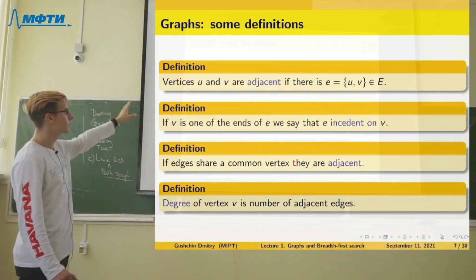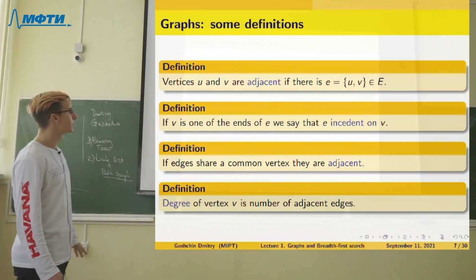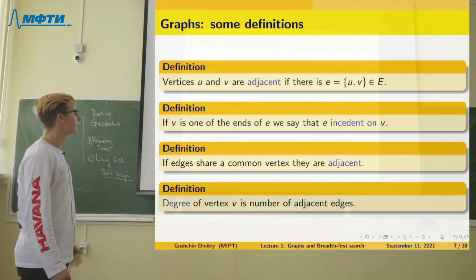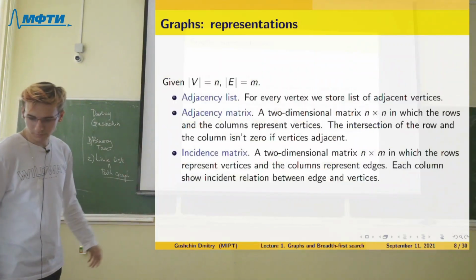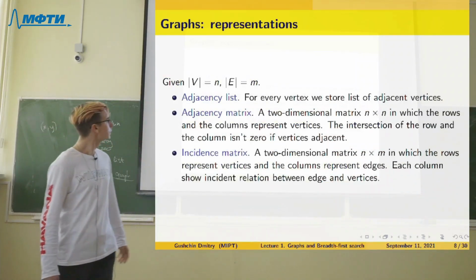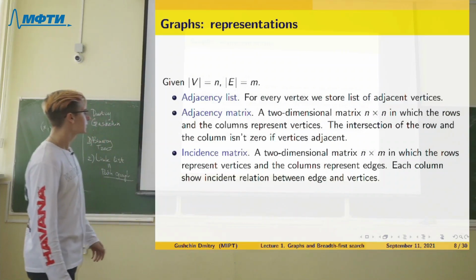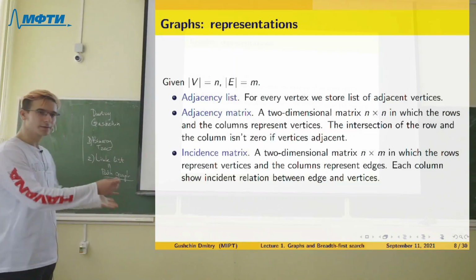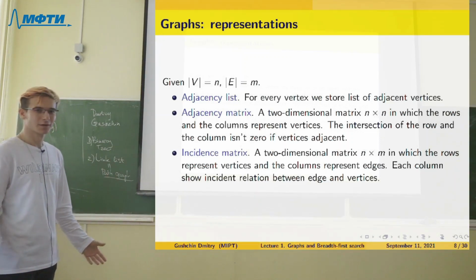It's about adjacency of a graph. Adjacency means that there is an edge between some vertices U and V. When we talk about graphs in programming, we want to understand how to represent a graph and algorithms on graphs, and put it in the computer, of course.